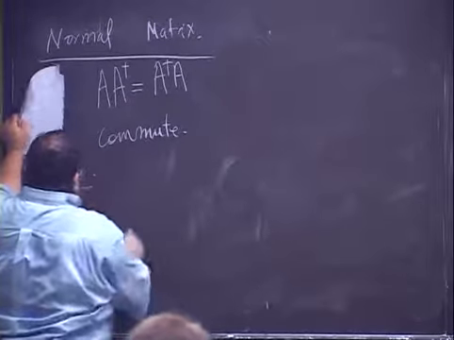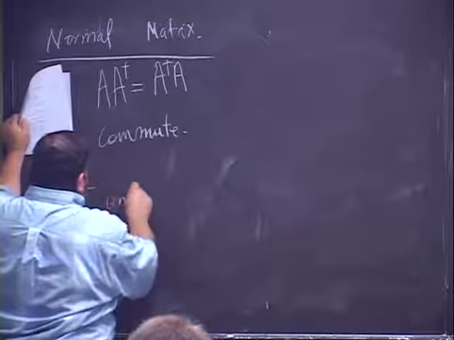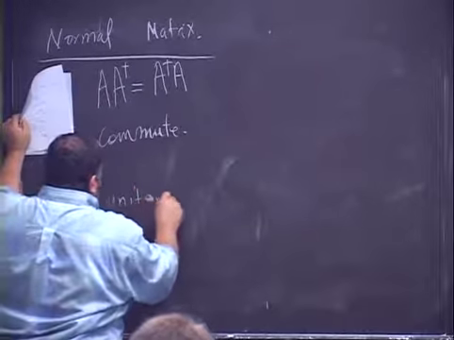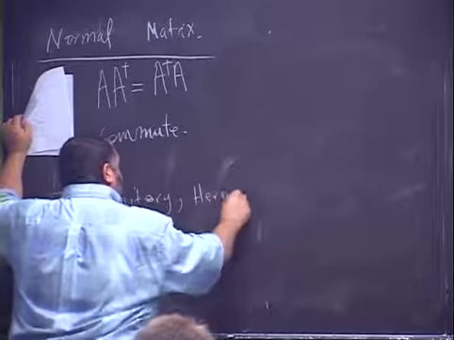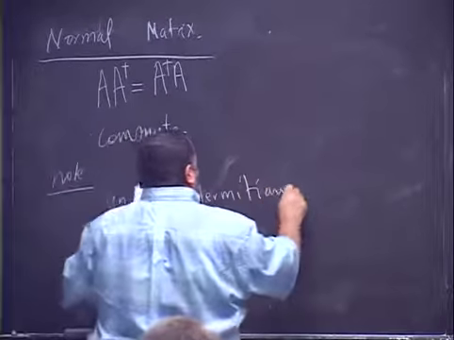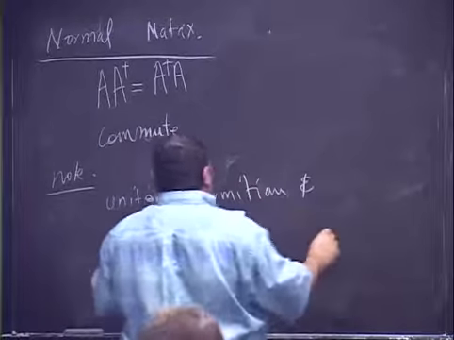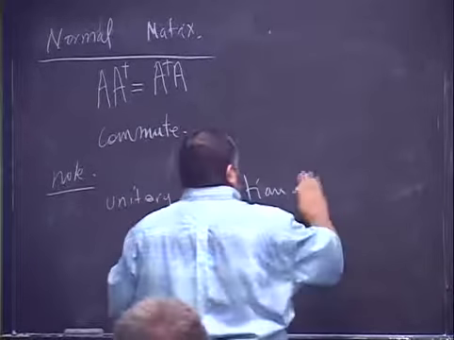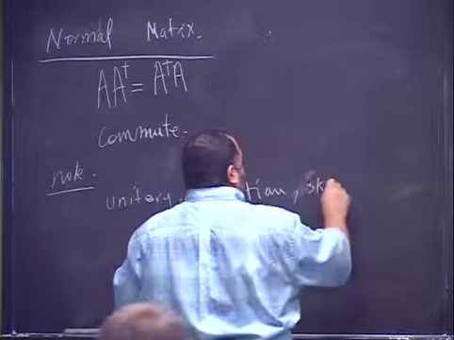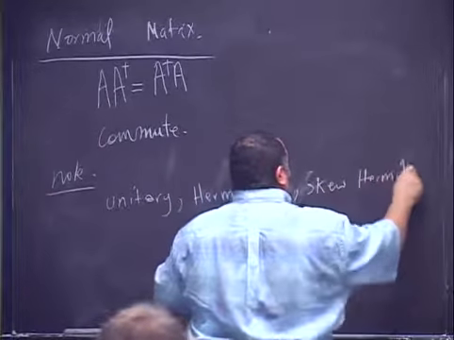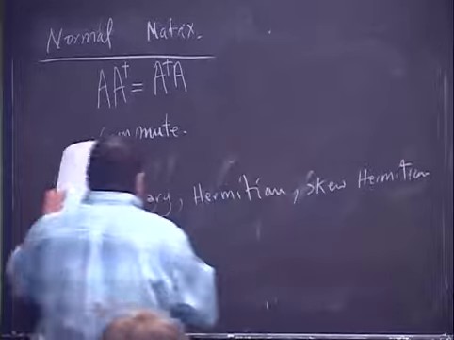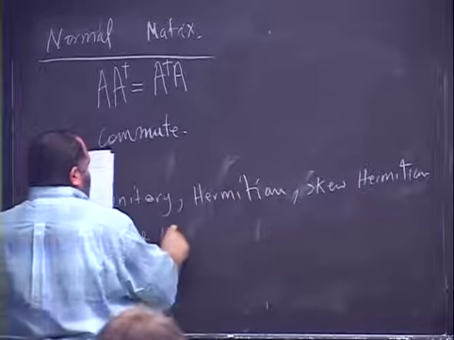And we will note here that the unitary, Hermitian, and skew Hermitian are normal matrices.